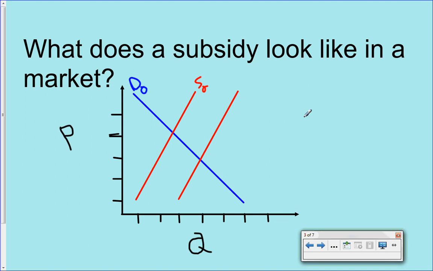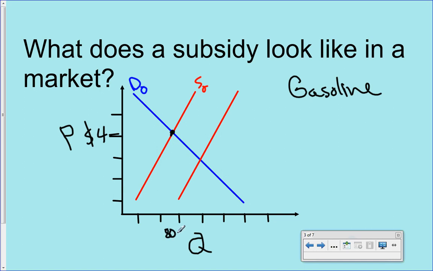Let's say this is gasoline, the industry that we argue about the most as a nation. Let's say this is $4, and this is 80 barrels right here. So at a price of $4 a gallon, the industry can produce 80 barrels.